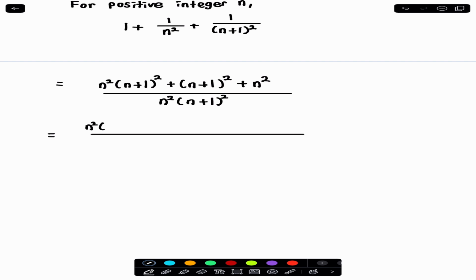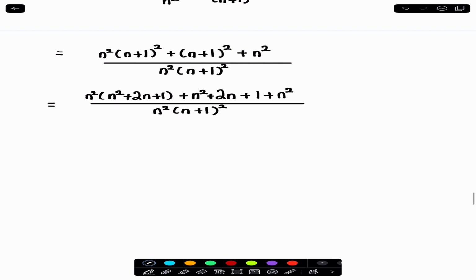So let's open all of that up. And after combining everything, what we're going to get is something like this.